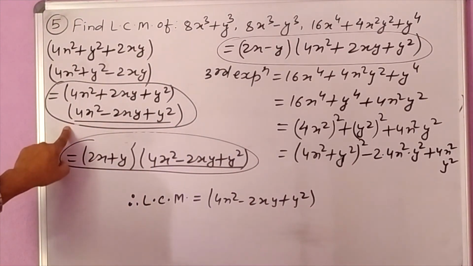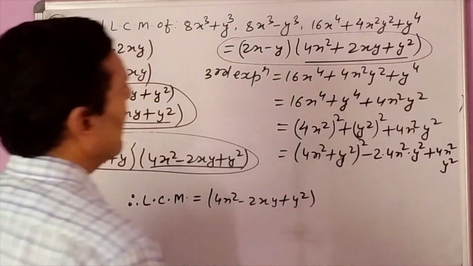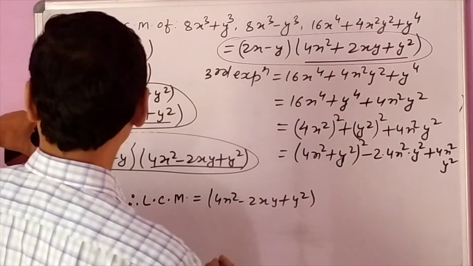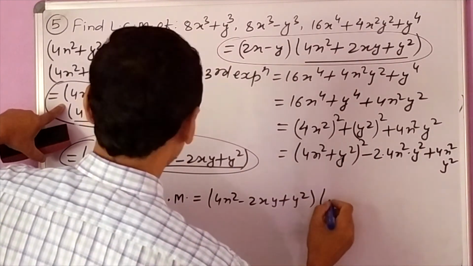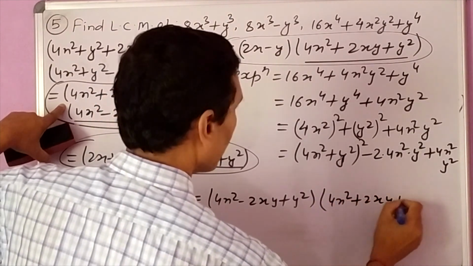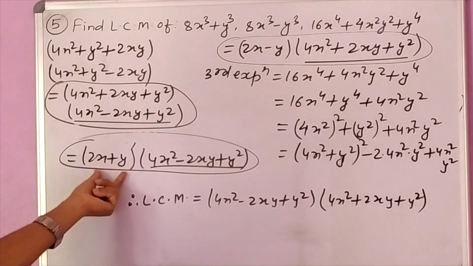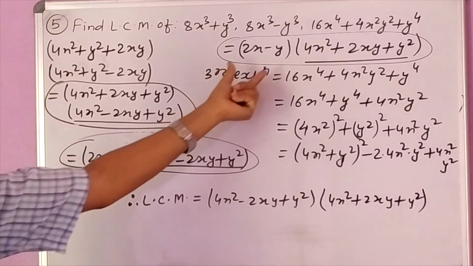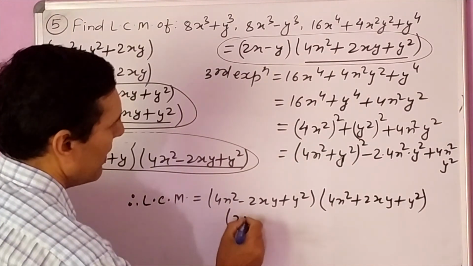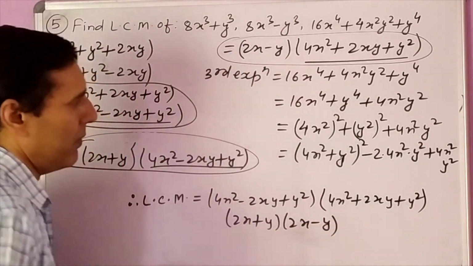But similarly, second, 4x square plus 2xy plus y square, we have the same thing in the third also. So 4x square plus 2xy plus y square, and this 2x plus y in the first expression and this 2x minus y in the second expression are not common. So we have to write 2x plus y and 2x minus y also.